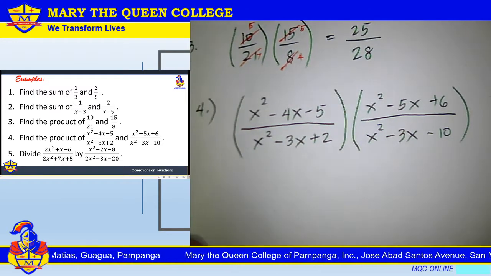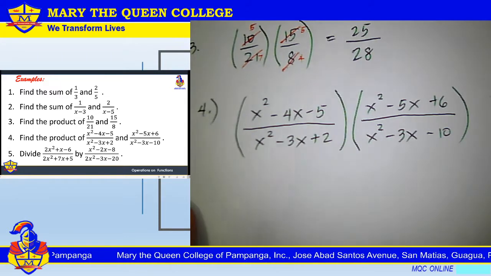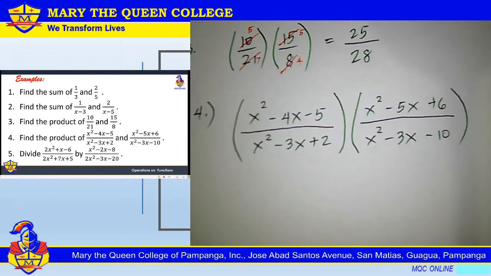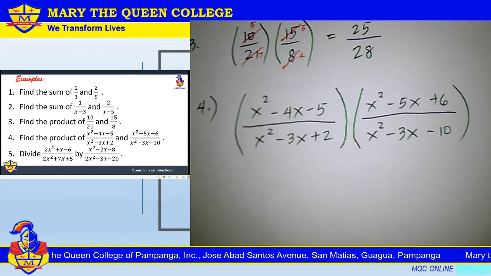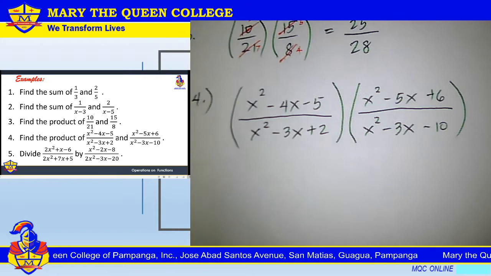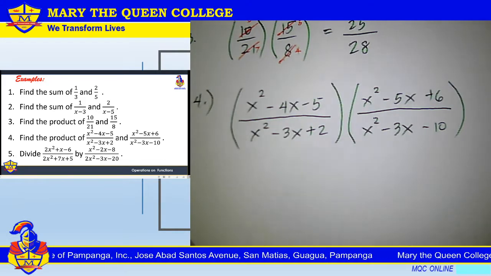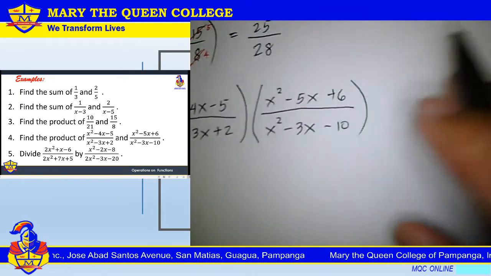So, with this, ano po yung first step natin na gagawin? As much as possible, i-simplify muna natin yung ating mga factors. Paano po natin gagawin? So, since meron tayong trinomials, try to factor it out. Magkakaroon po tayo ng tinatawag na factoring. Okay? So, dito ko na po ilalagay para at least makadaling makita kesa po sa kabila.